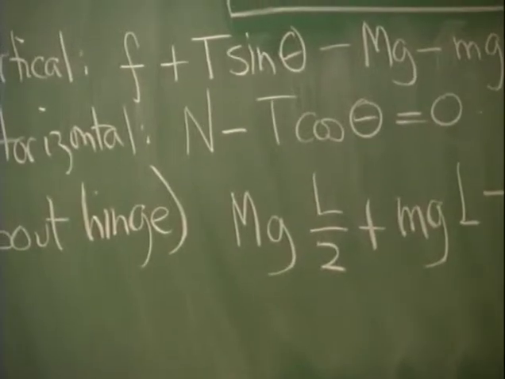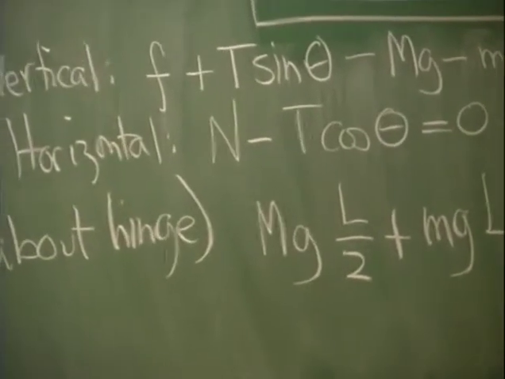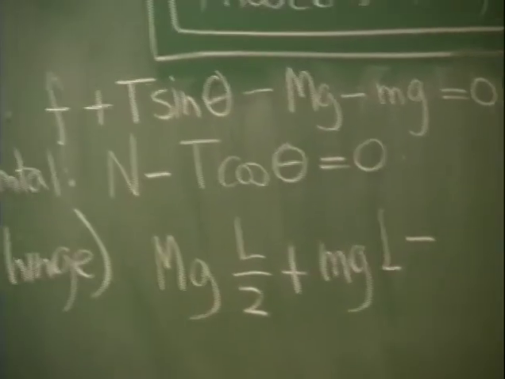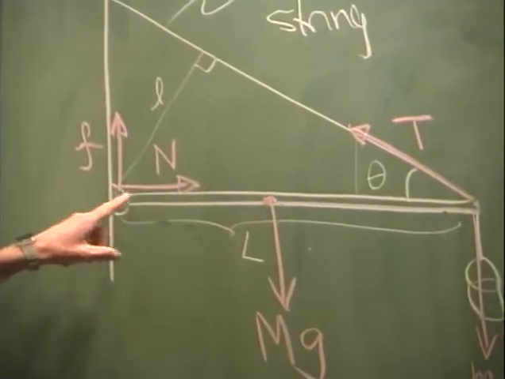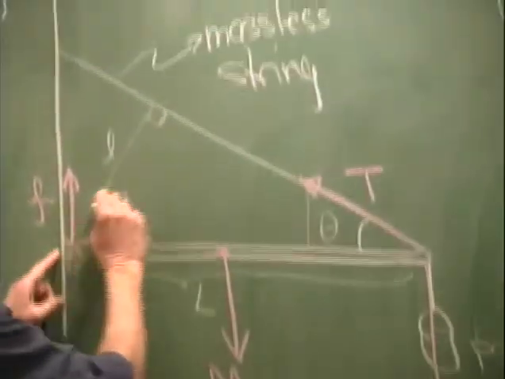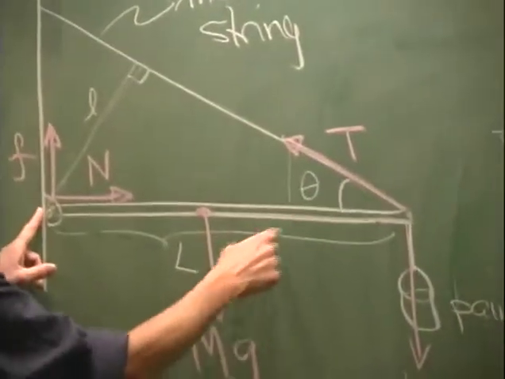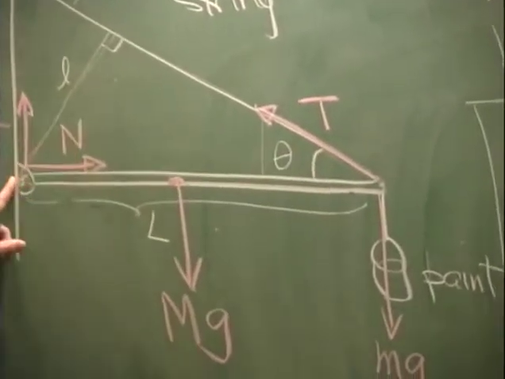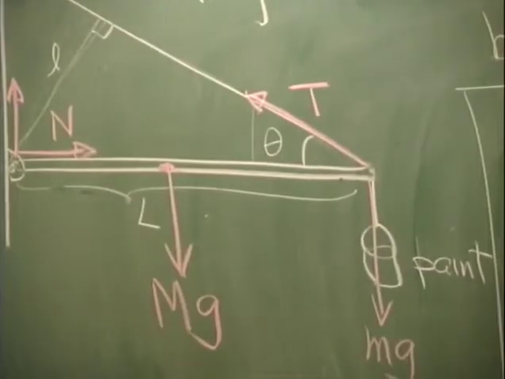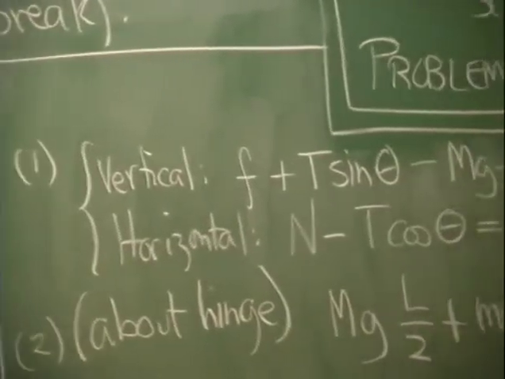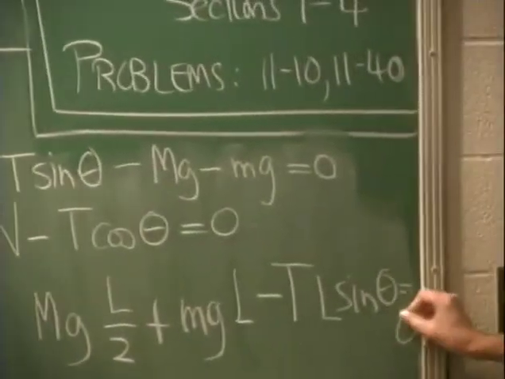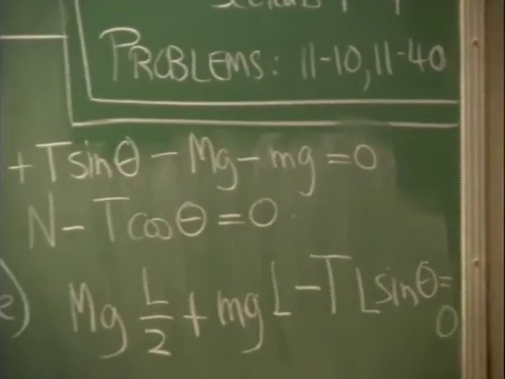Let's see. I extend the line back and drop the perpendicular, so the lever arm is that distance there. What is that? I guess it's L from this right triangle. It would be L times the sine of theta because it's the opposite side. So it's T, the tension, times L sine theta, and the sum of all those is equal to 0.